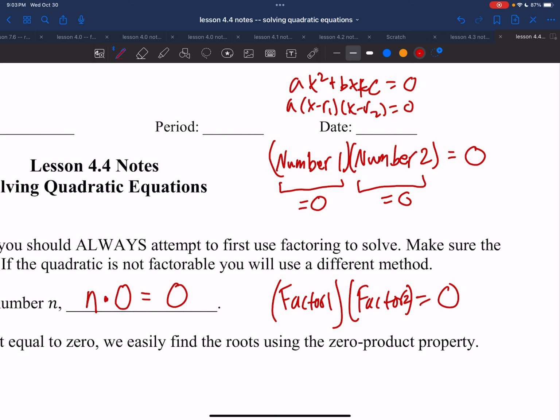And so what that would mean is either the first factor equals 0 or the second factor equals 0, and that's what's going to yield us our solutions to the problem.